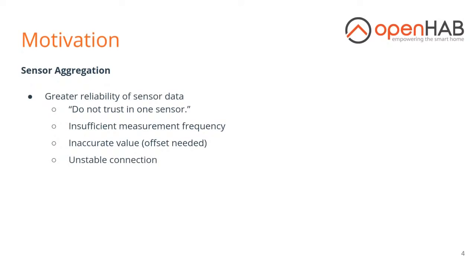Or you have an unstable connection, false positives, false negatives, and other stuff. openHAB ships a lot of basic methods to combine sensors in group functions and group function aggregation.